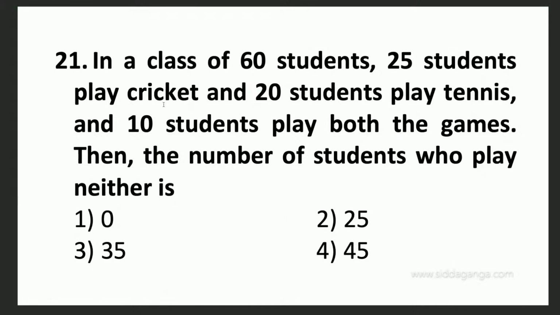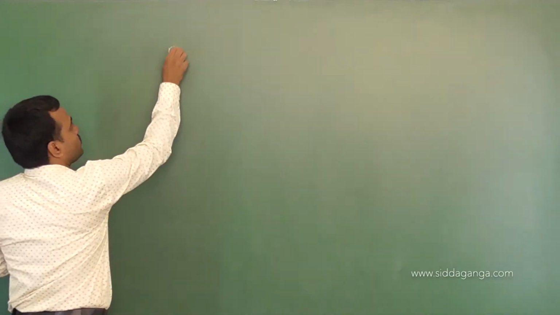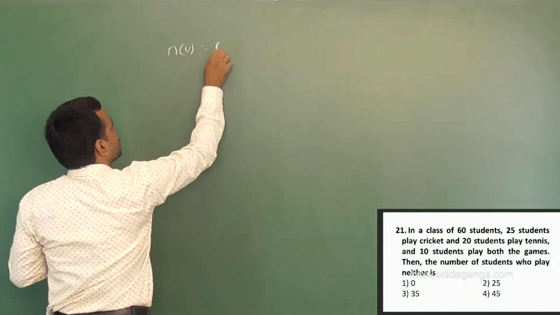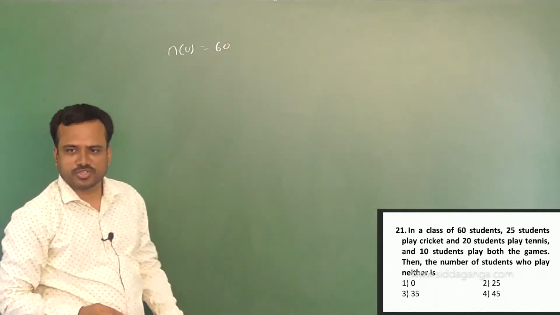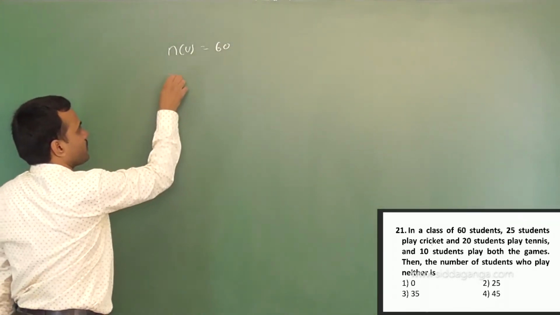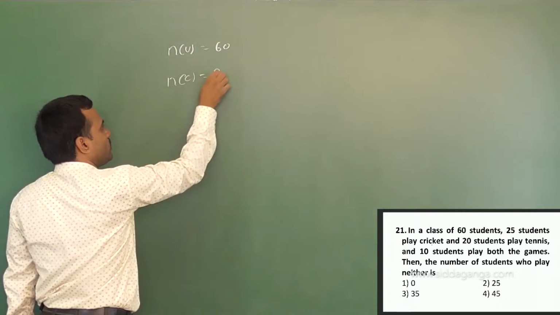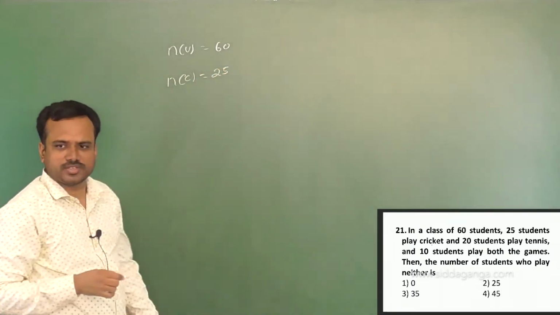In a class of 60 students, 25 students play cricket, 20 students play tennis, 10 students play both the games. The number of students who play neither. So N of U is 60. N of C is 25.